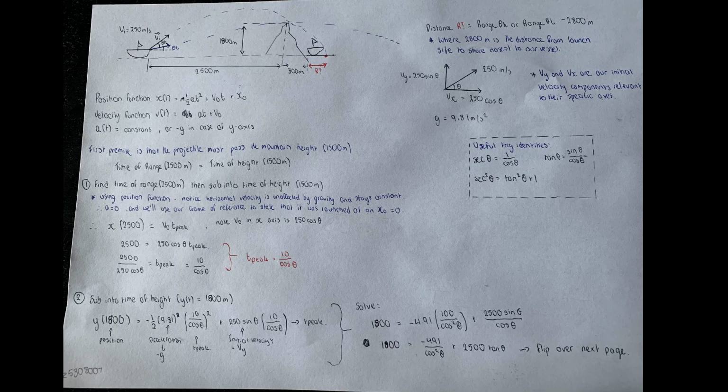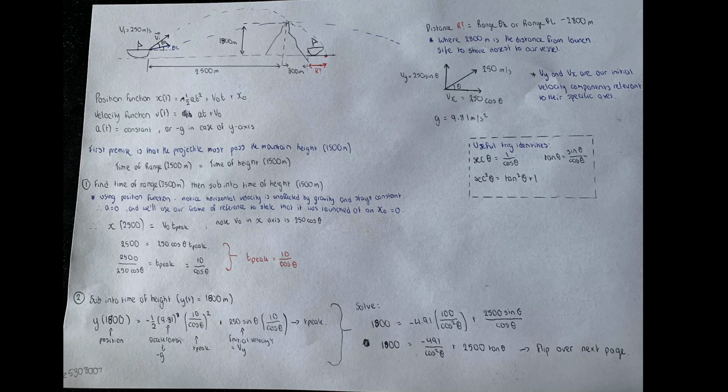T peak is substituted in for t, plus 250 sine theta multiplied by 10 over cos theta, which is our time multiplied by initial velocity y. Off to the right, we can rearrange and substitute in our values: 1800 is equal to minus 4.91 times 100 over cos squared theta, plus 2500 sine theta all over cos theta.